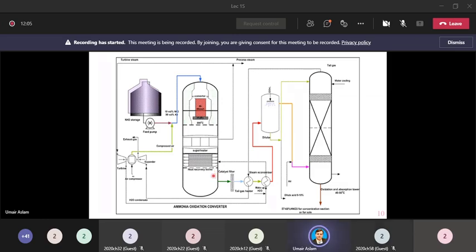Okay. So the product stream after exchanging the heat with water, it directly goes firstly into a catalyst filter because the temperature is high in the reaction section, and obviously a gas when it has a high temperature its pressure will also be high, so there is a chance that this product stream may trap some catalyst particles in it.